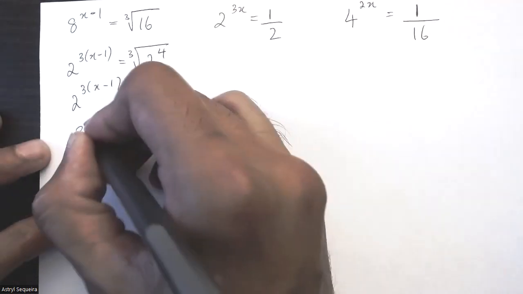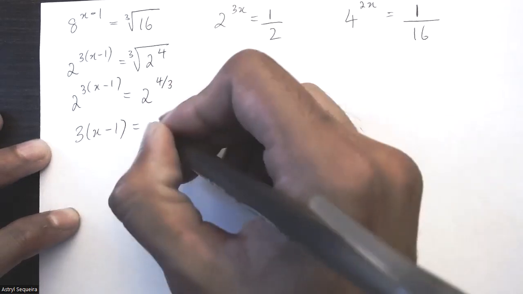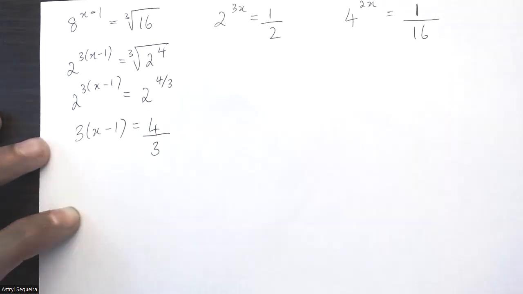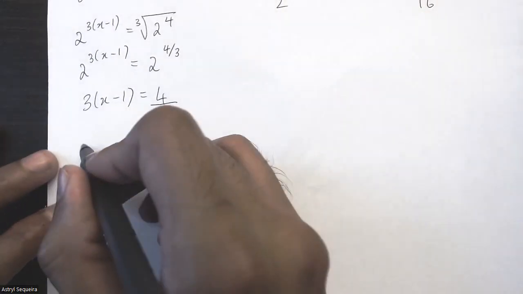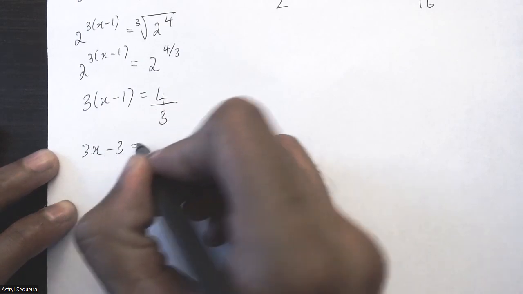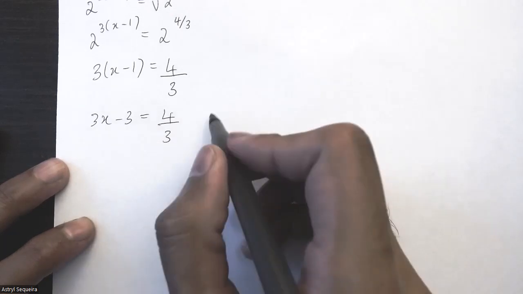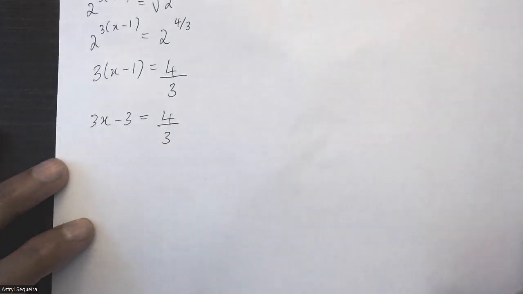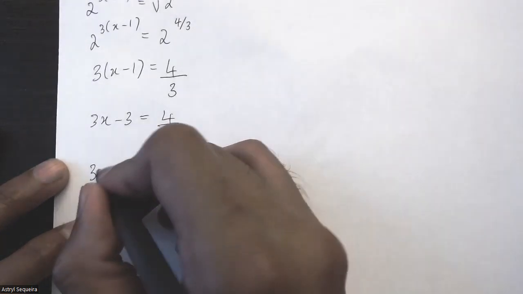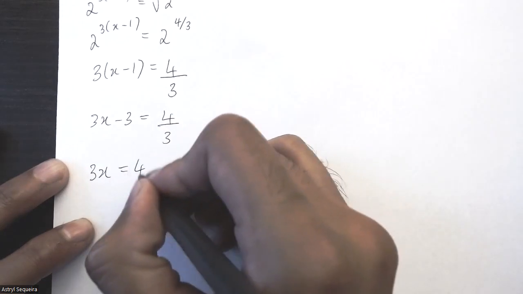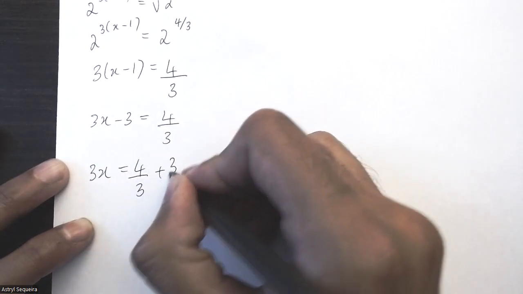So now I can solve 3x minus 3 equals 4 over 3. I'm going to add the 3 on this side. So 4 over 3 plus 3. That might be a bit difficult to do mentally.